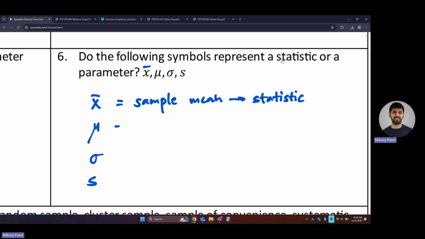And then mu is the population mean. So that has to be a parameter. And this goes along with number 5. Why do those go together? Sample and statistic are paired. Population and parameter are paired. And the best way to remember that is what letter does it start with? That's not why they're together, but that's a way to remember that they are together. They're just words, though, that pair with each other.